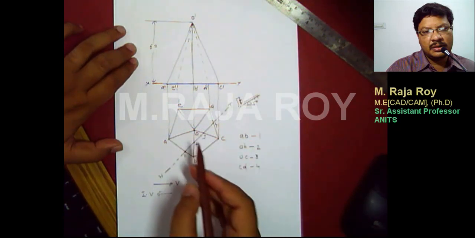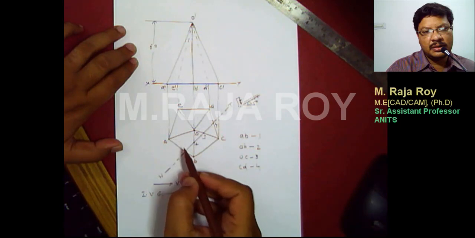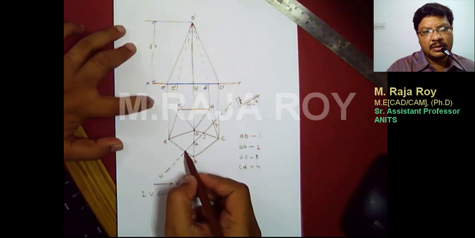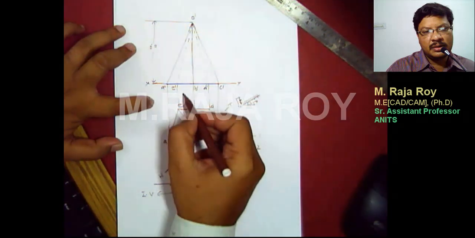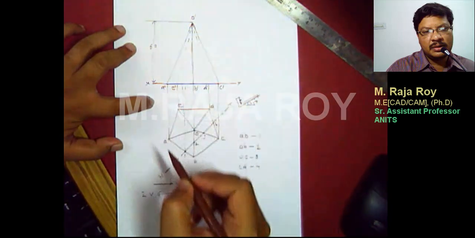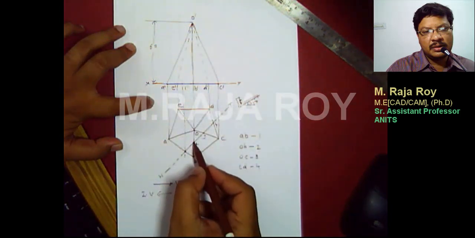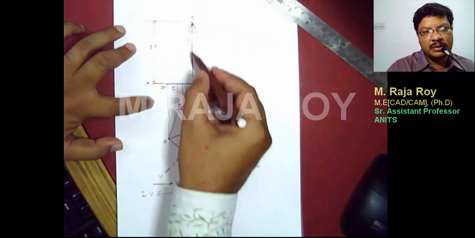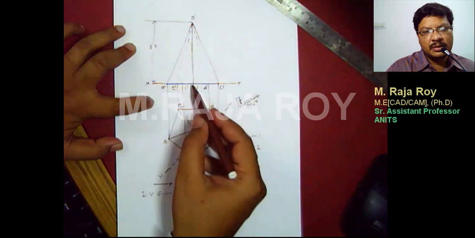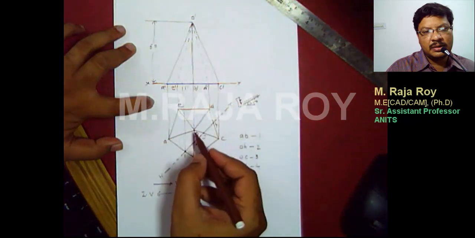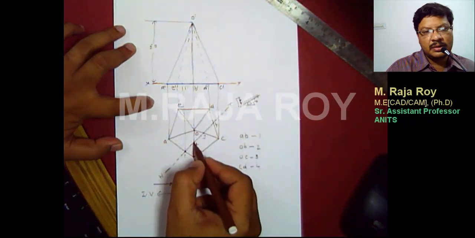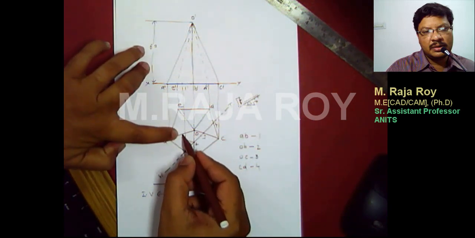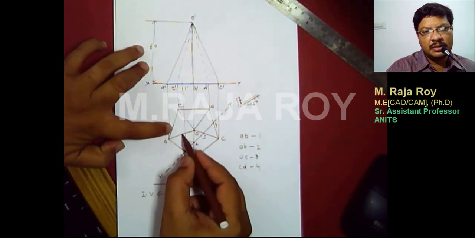Okay. Now point 1 I will transfer to the front view by drawing a projector. Somewhere here I will get 1 dash. Point 2, when I am drawing the projector, that projector is overlapping with this slant edge. So you transfer this to the adjacent slant edge, that is OA.